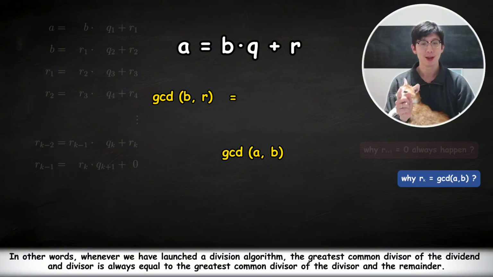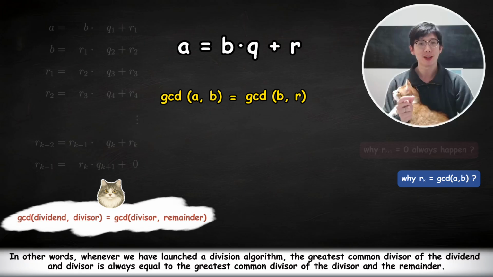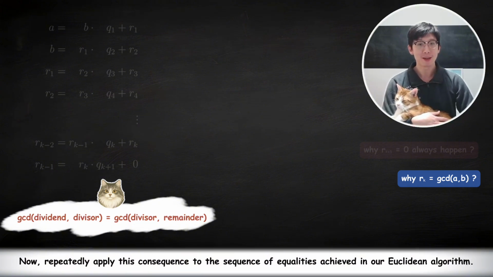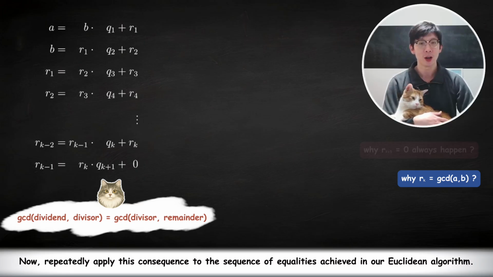In other words, whenever we have launched a division algorithm, the greatest common divisor of the dividend and the divisor is always equal to the greatest common divisor of the divisor and the remainder. Now, repeatedly apply this consequence to the sequence of equalities achieved in our Euclidean algorithm.